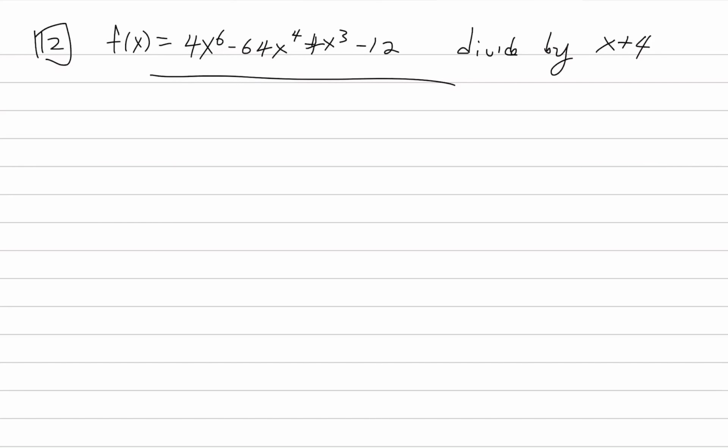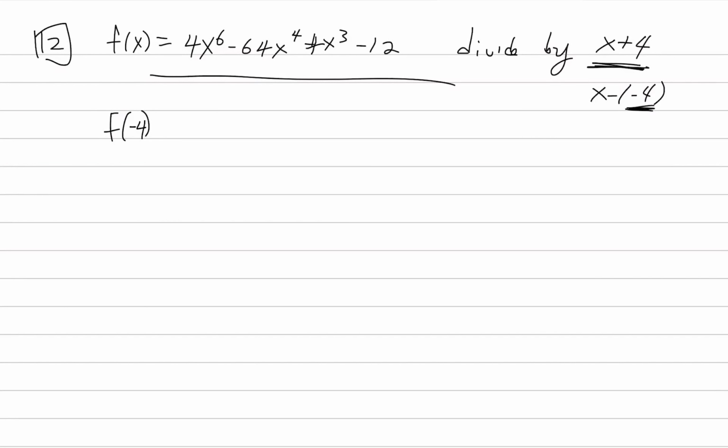So here you could do a synthetic division, but the problem specifically says use the remainder theorem. So actually using the remainder theorem could be faster and more efficient. Okay, so what does that mean? The remainder theorem says that if x plus 4 is a factor, that means when I plug in negative 4, because this is the form of x minus negative 4, right?